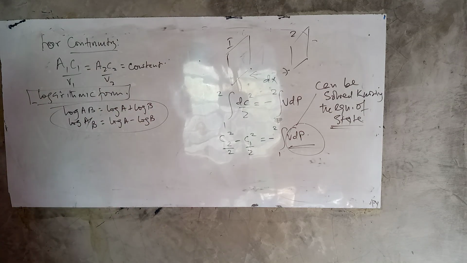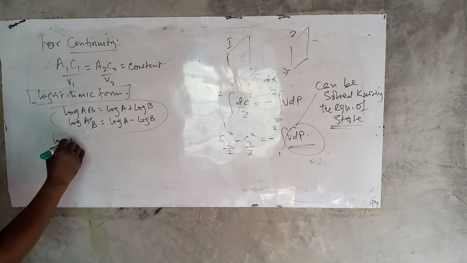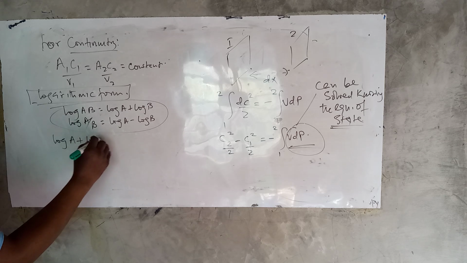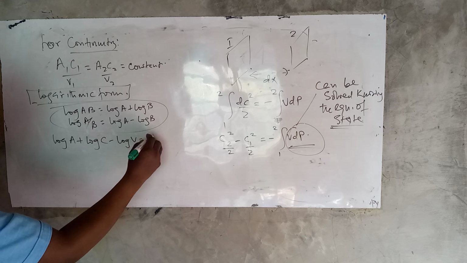So we just apply it there, and we'll have log of A plus log of C minus log of V is equal to a constant.